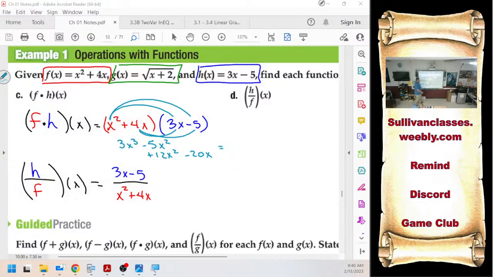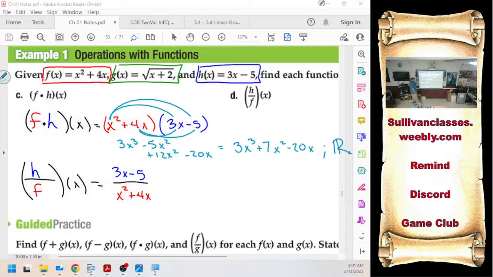Okay, but my answer, 3x to the third plus 7x squared minus 20x. What's my restrictions? I don't see an x on the denominator. I don't see an even radical. I don't see a logarithm. So, everybody is allowed to that party.